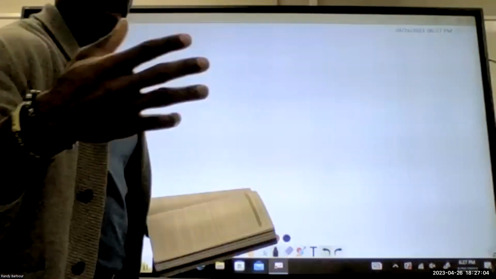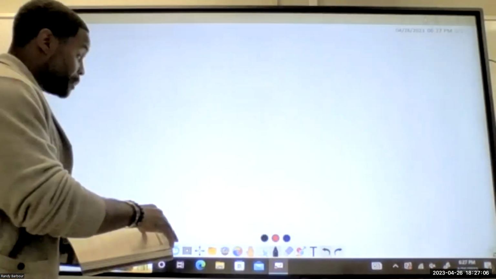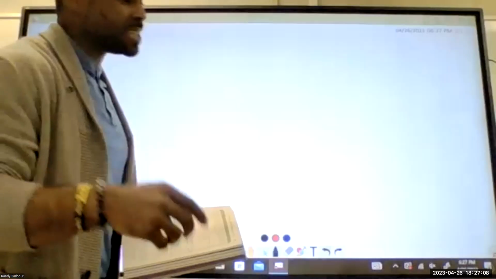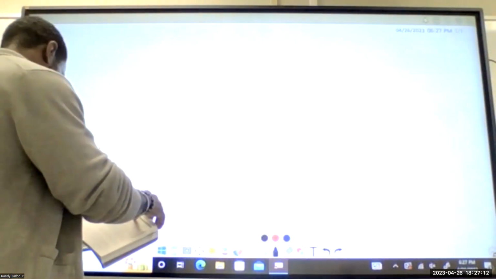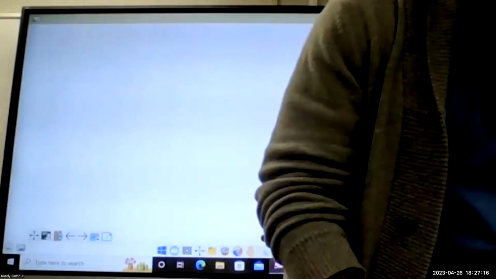So I have my sums of squares. Now, the next thing I have to calculate are my degrees of freedom. So let's calculate the degrees of freedom.